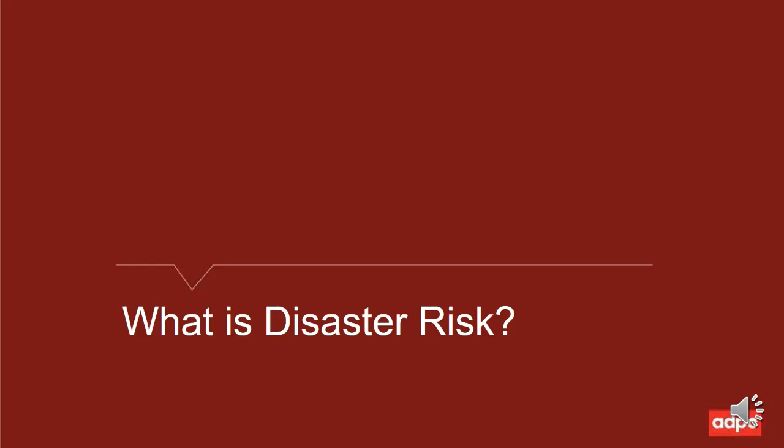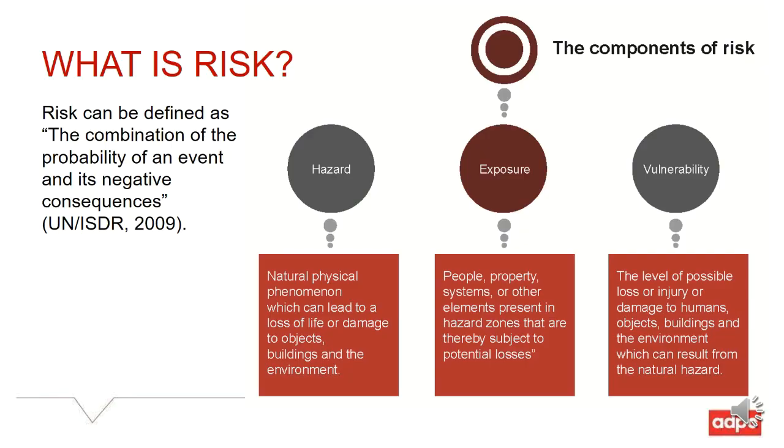Now let's start with what disaster risk is. Risk can be identified as the combination of the probability of an event and its negative consequences. It's a function of hazard, vulnerability, and exposure, where hazard is a natural physical phenomenon which can lead to loss of life or damage to objects, buildings, and environment.